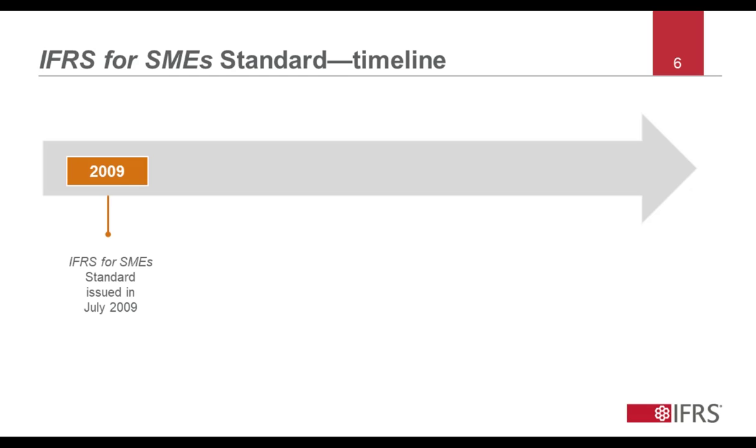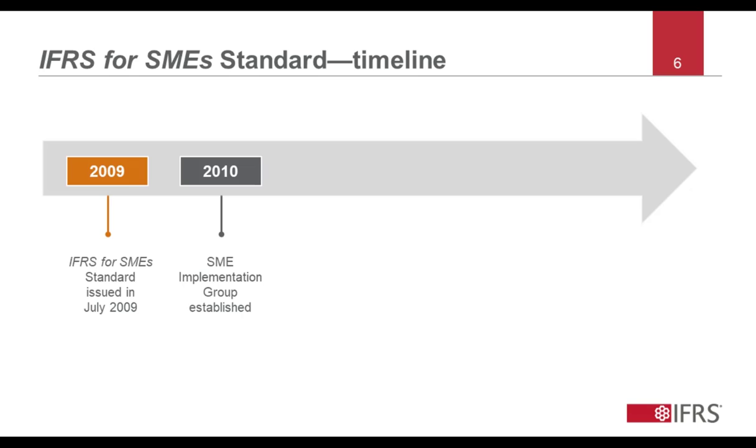Based on the feedback to that discussion paper, which supported the board and was supported by national standard setters, an exposure draft was issued in 2007, and the standard was published in July 2009. Unlike other standards, it became effective immediately.